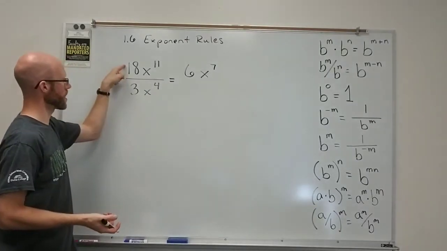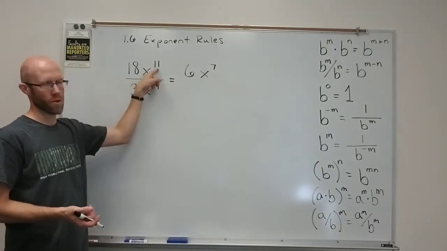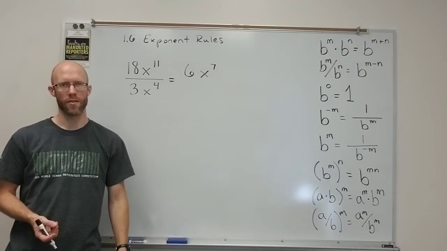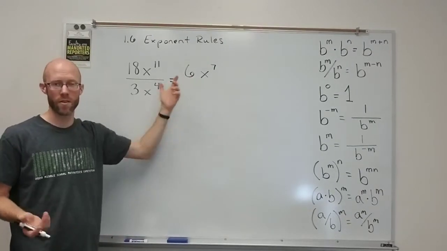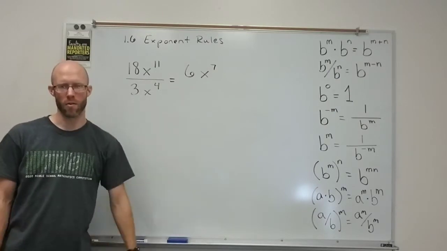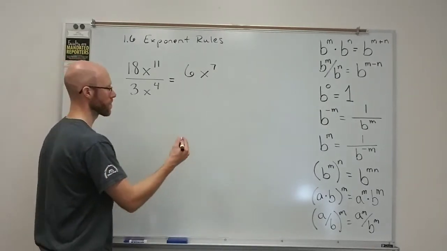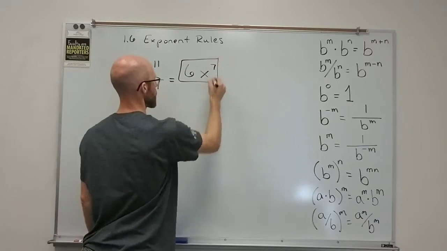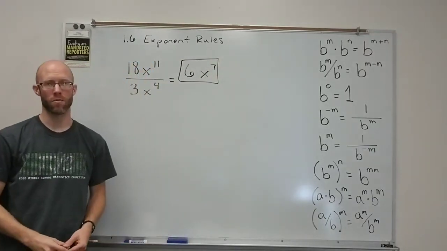The 3 divided into the 18, the x to the 4th canceled out with the x to the 11th. And so 6x to the 7th is the answer. If there's a 1 on the bottom, I don't really ever bother writing that. And so here, 6x to the 7th would be the simplified form.